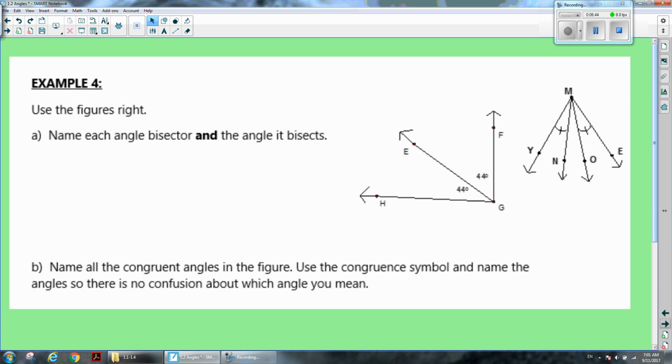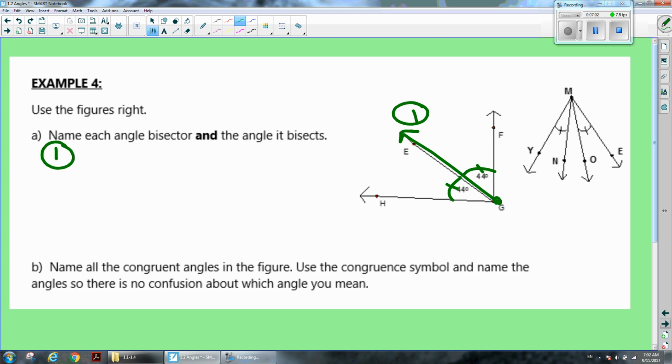So we want to use the figures at the right, name each angle bisector and the angle it bisects. So here, 44 degrees and 44 degrees, these angles are congruent. So that means, we'll call this figure 1.